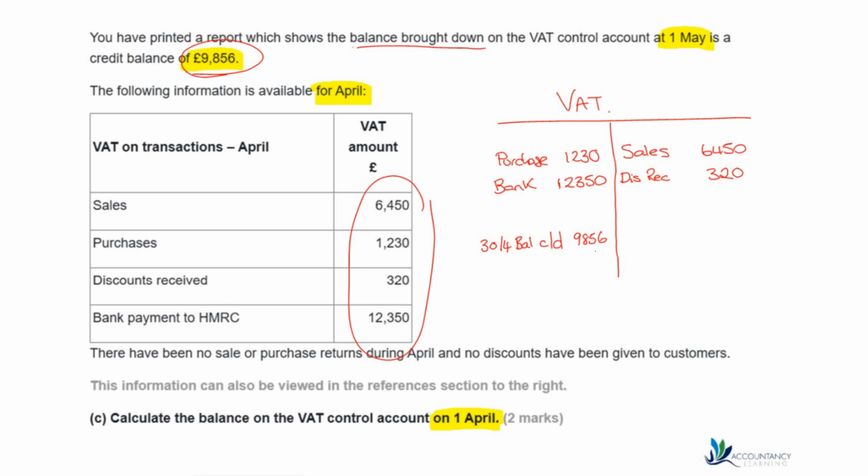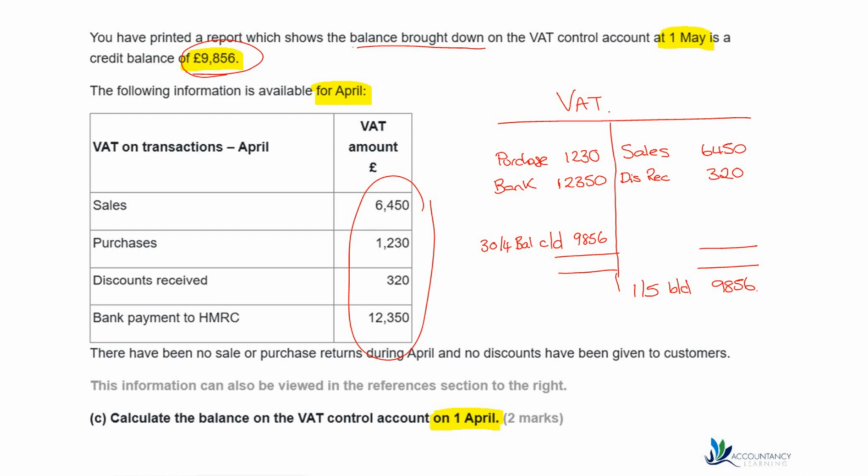So we've now got all the figures in there. And we know that our carried down balance on the 30th of April is 9,856. As we're told in the question, that is also the brought down balance on the 1st of May. So now we need to work out what side is our brought down balance at the 1st of April going to be.